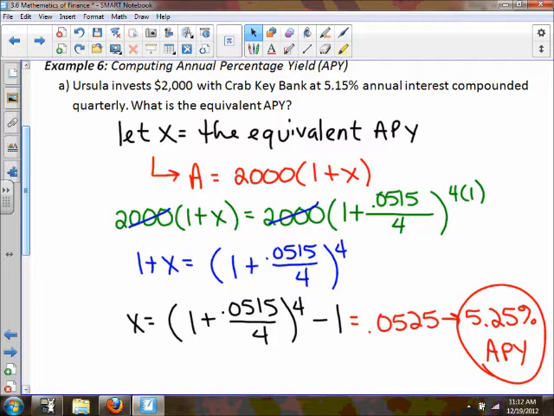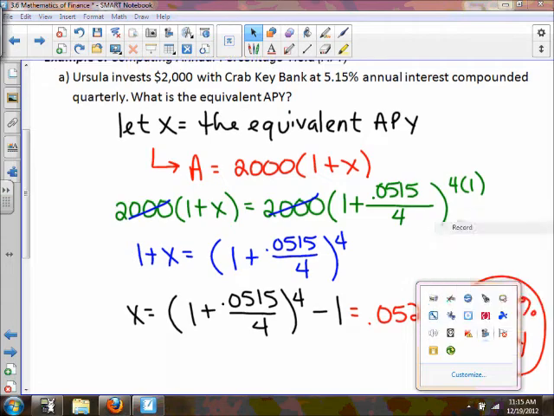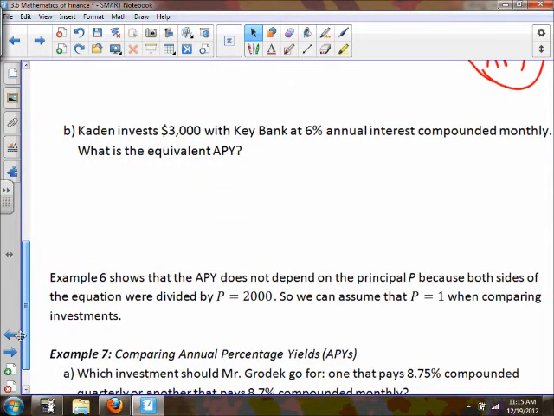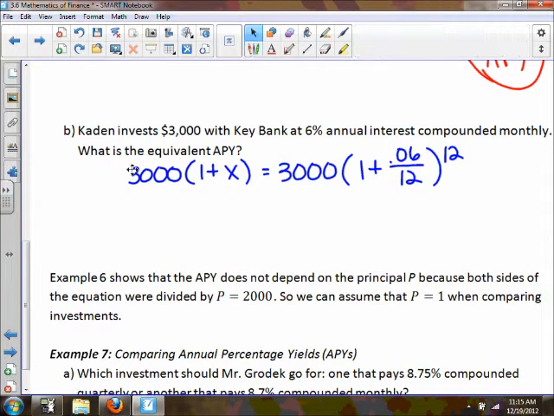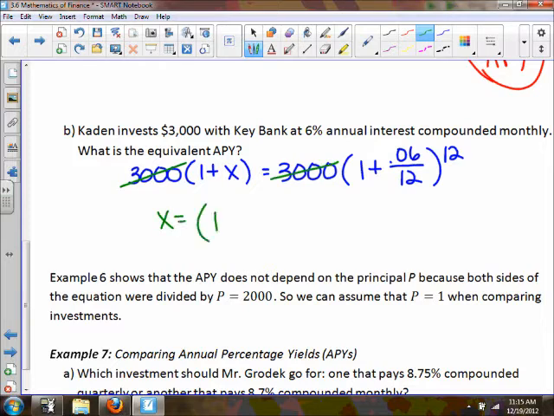Why don't you all work on B? All right, now looking at B. Caden invests $3,000 with Key Bank at 6% annual interest compounded monthly. What's the equivalent APY? So 3,000 times 1 plus X will equal 3,000 times 1 plus 0.06 over 12 to the 12th power. 3,000s go away, which means X will equal 1 plus 0.06 over 12 to the 12th power minus 1.